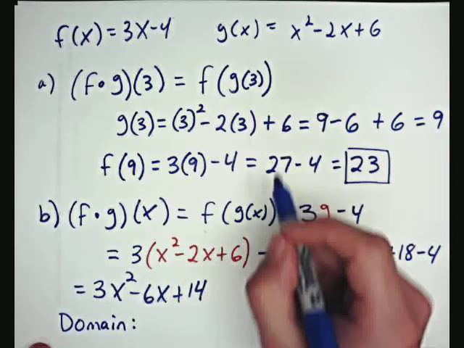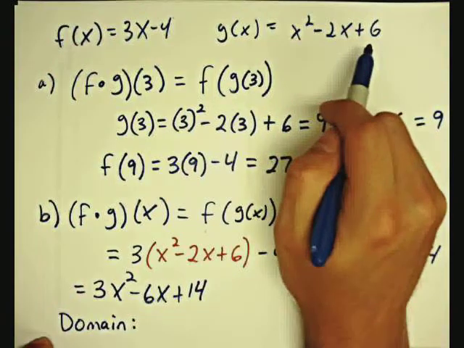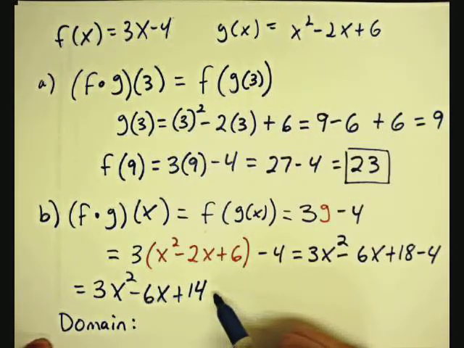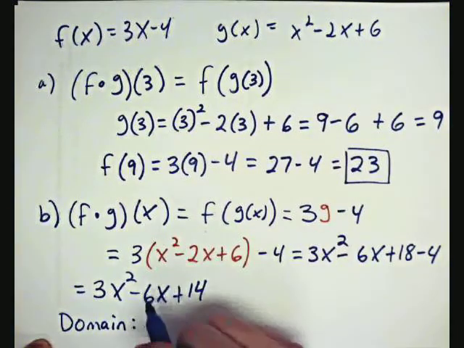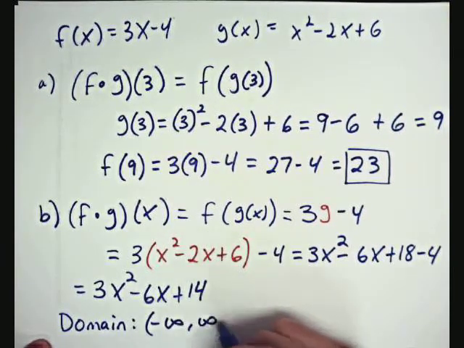The domain of our inside function, since there's no square roots and no denominators, is all real numbers. And the domain of our solution, since there's no square roots and no denominators, all real numbers. So the domain of our composition is all real numbers.